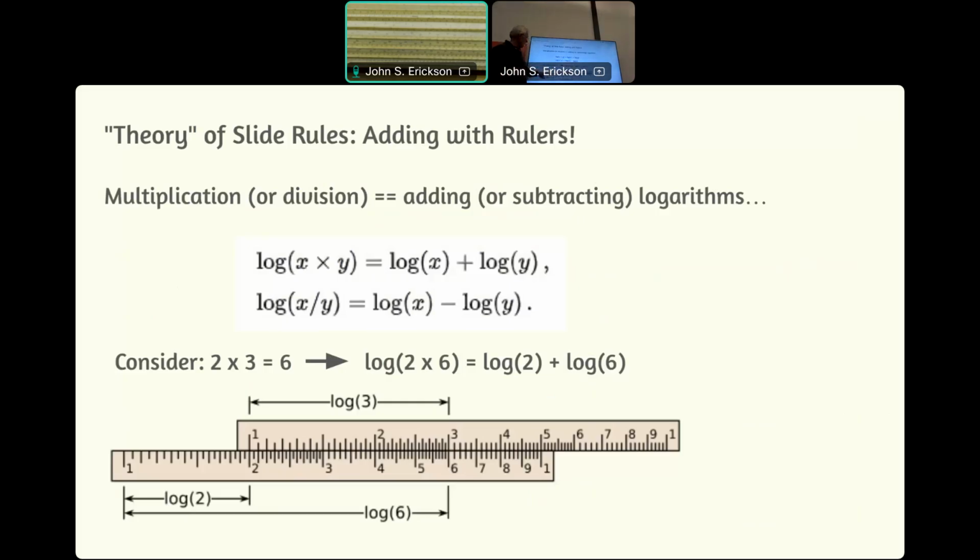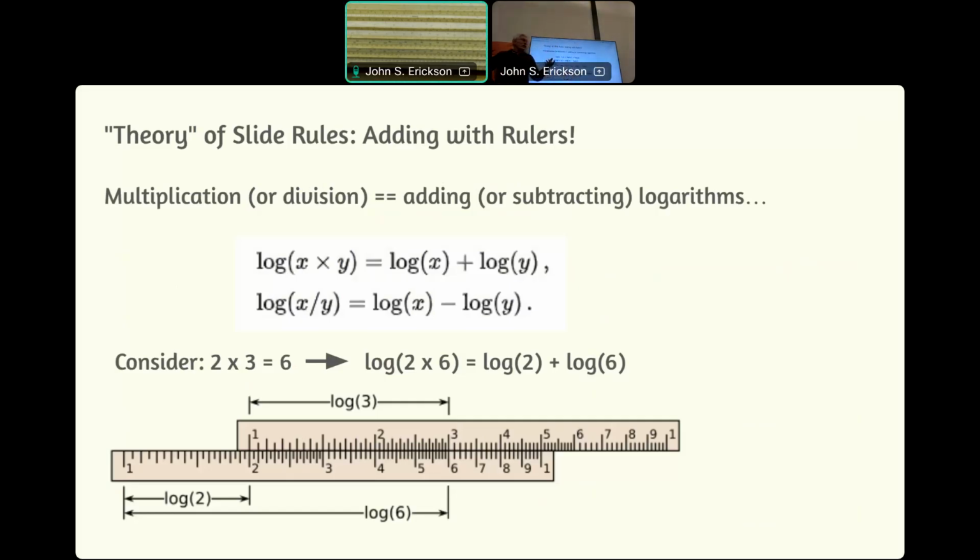So if we create a scale that is logarithmic instead of linear, now this first length is log 2, this second length is log 3, and their sum is log 6. And we take the anti-log, and we get our number here.